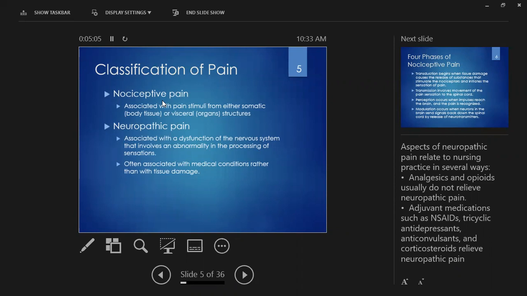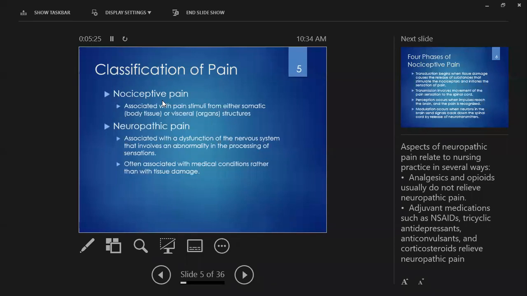Can you think of something that might be classified as a visceral nociceptive pain, Peyton? Maybe like a stab wound, cut in the skin.